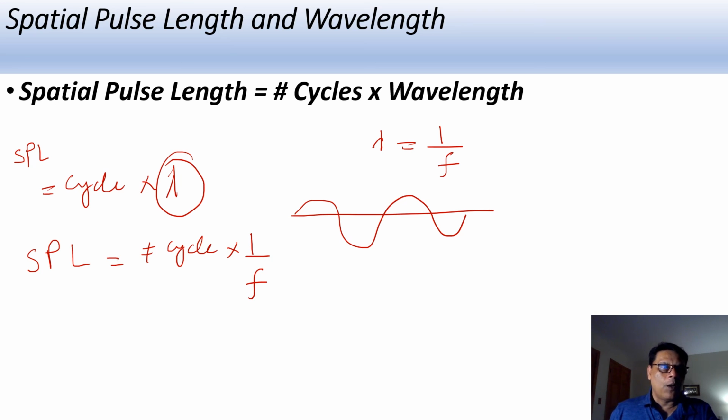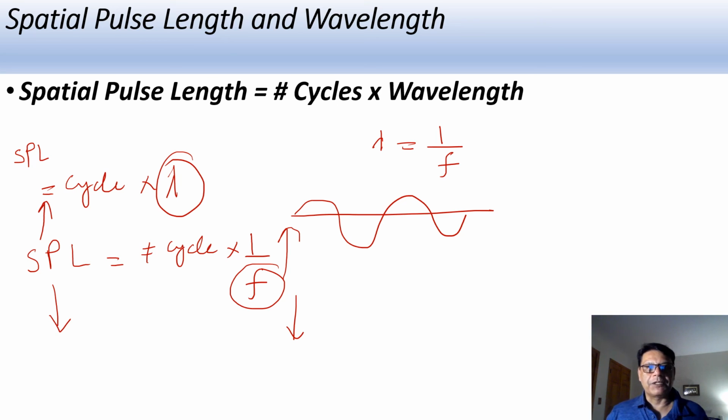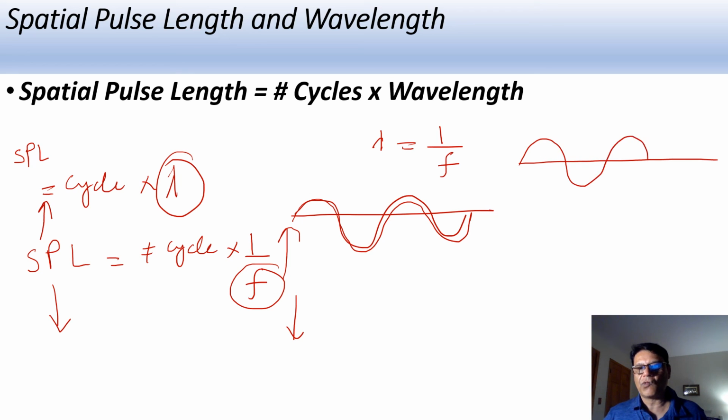So now when spatial pulse length increases, the frequency will decrease. And when spatial pulse length decreases, frequency will increase. And what is spatial pulse length? It is the distance from the start of the pulse to the end of that pulse. It means the greater the distance, the larger the pulse, and the lower the frequency.